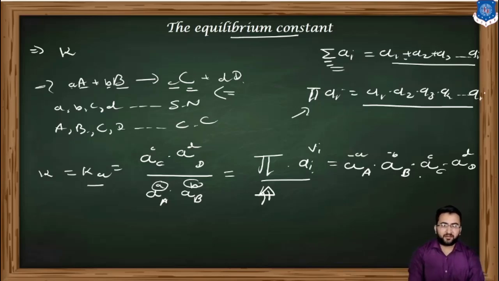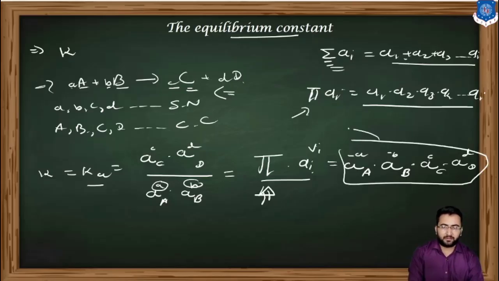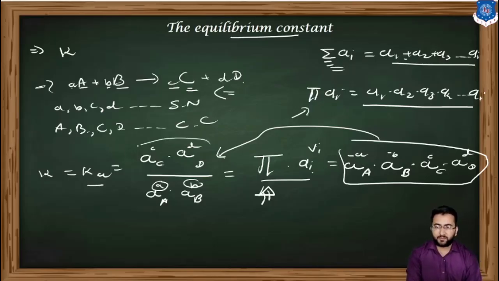So there will be a minus, so I can write those terms in the bottom. That's why the equation becomes like this. So this is the equilibrium constant in terms of the activity.